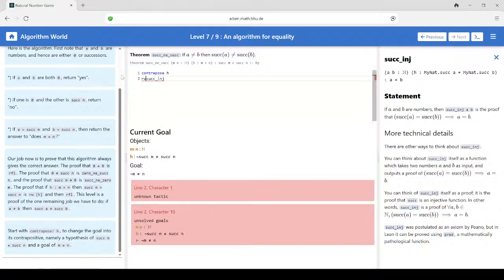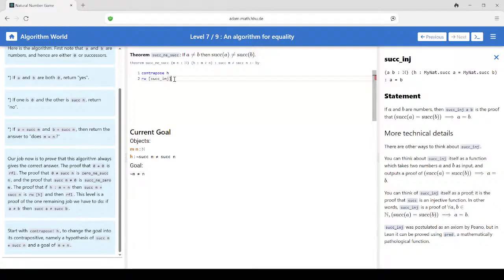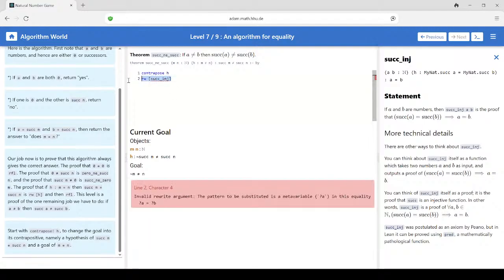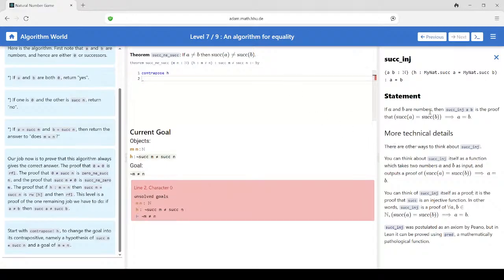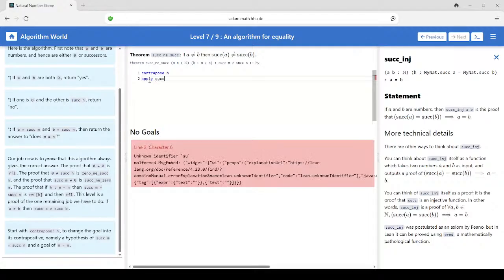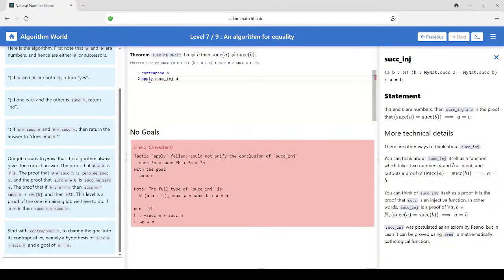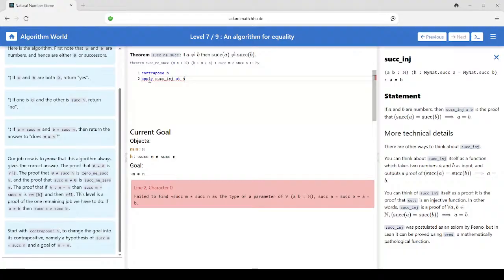Wait, is it a rewrite? I never remember. No, it doesn't like that. Pretty sure it's apply. You have to use apply to use this one. No.